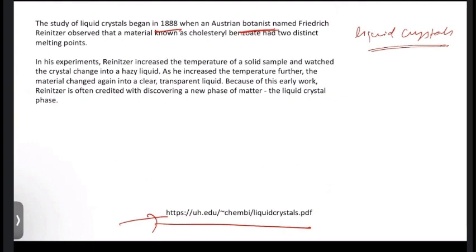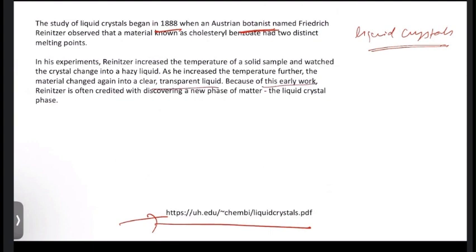In his experiment, Reinitzer increased the temperature of a solid sample and watched the crystal change into a hazy liquid. As he increased the temperature further, the material again changed into a clear, transparent liquid.